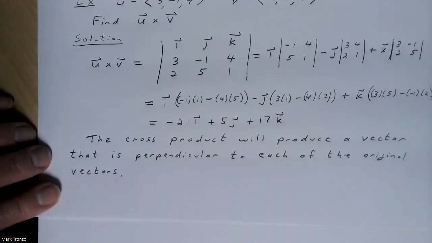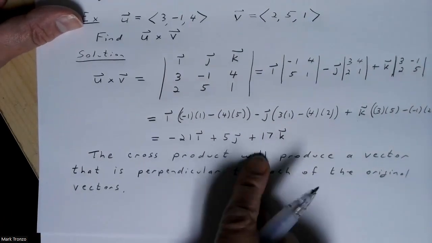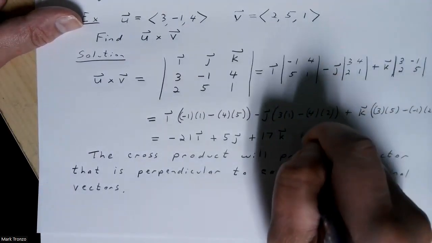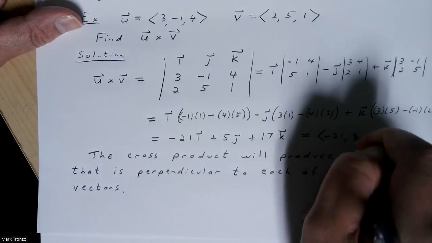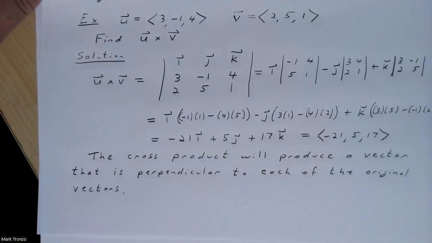So let's check to see if that's true. Our vector that we got here was this one. We can write this as <-21, 5, 17> if you like the angle bracket notation. Let's check to see if we got a vector that's perpendicular to each of the original vectors.